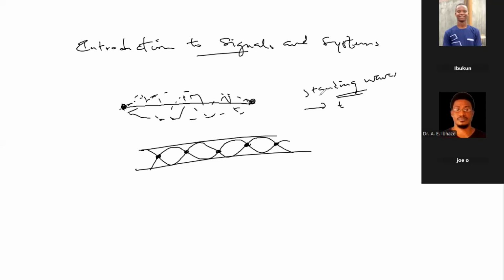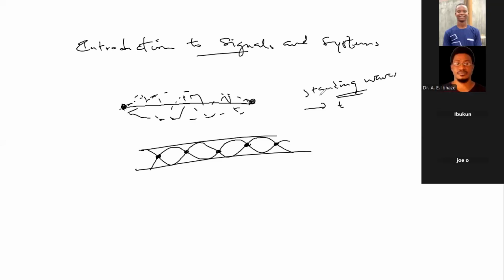Okay, so I wanted to speak on the standing waves points, not the signals and systems. While you were explaining standing waves, you brought out a question of whether they are in motion.